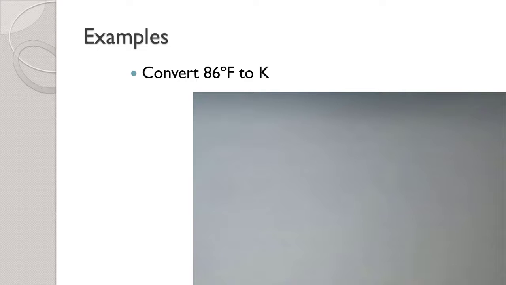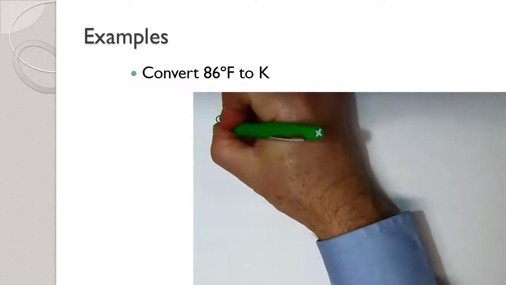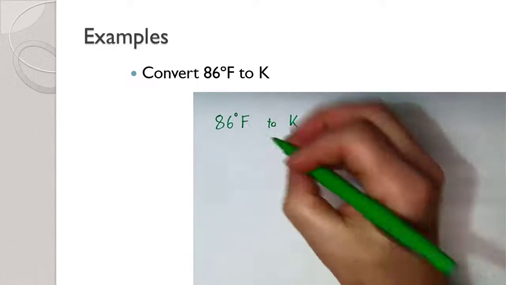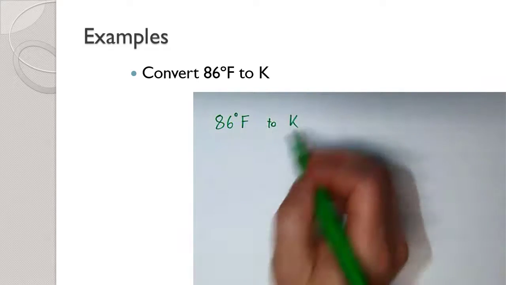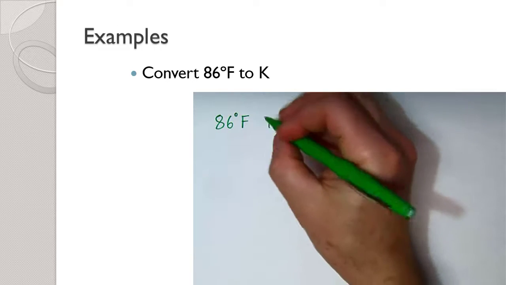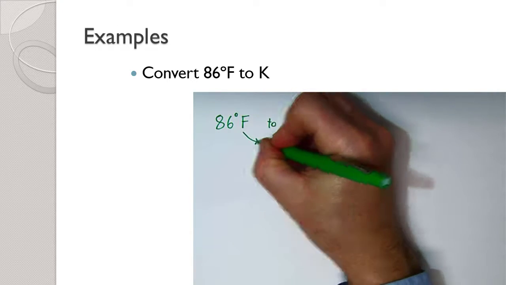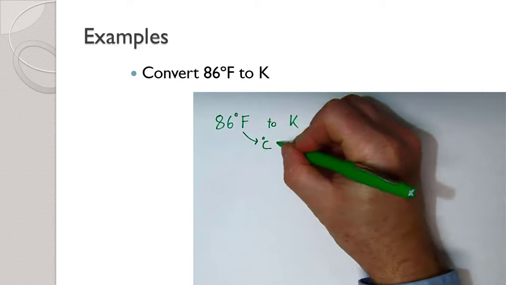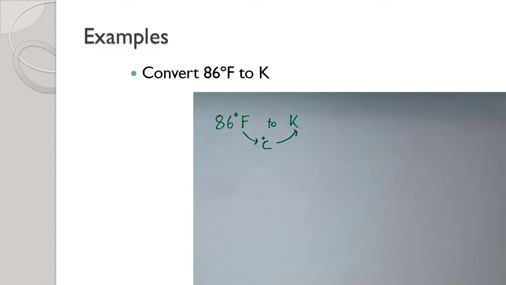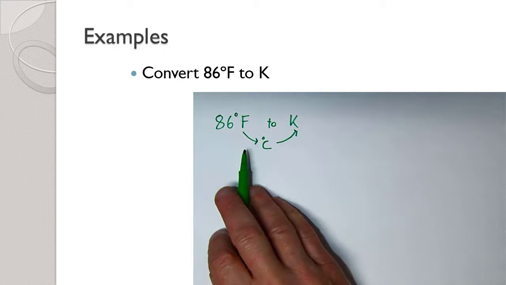But let's take a couple of two-step temperature conversions here. Let's convert 86 degrees Fahrenheit to Kelvin. Well, what we're going to do here is we can't go straight from Fahrenheit to Kelvin, but what we can do is we can go from Fahrenheit to Celsius and then go from Celsius to Kelvin. So let's do that.